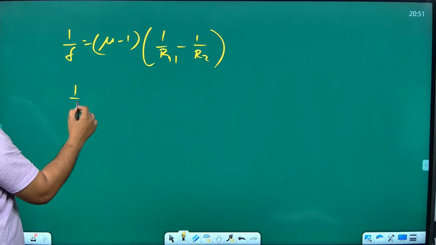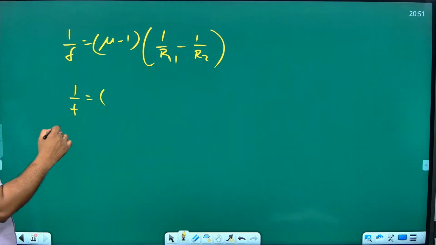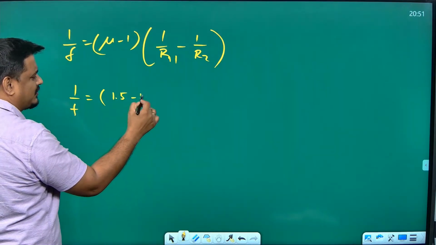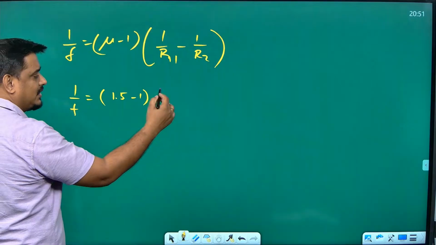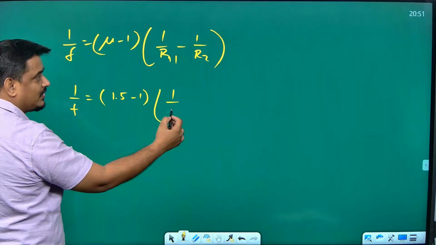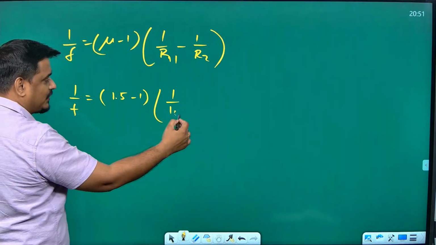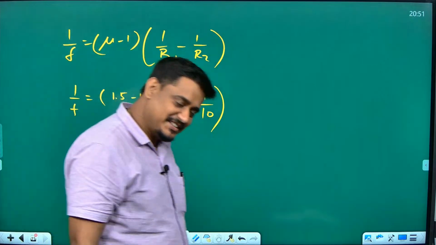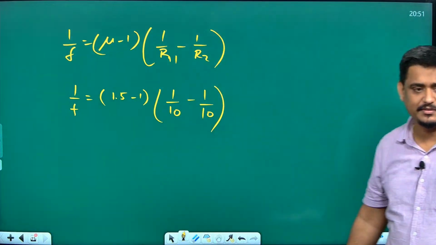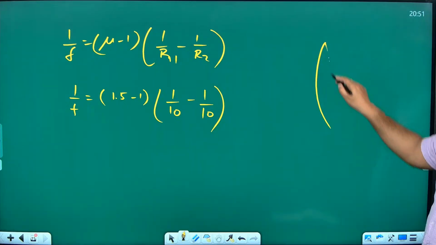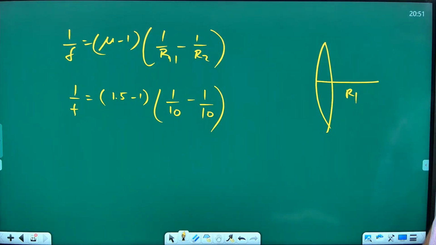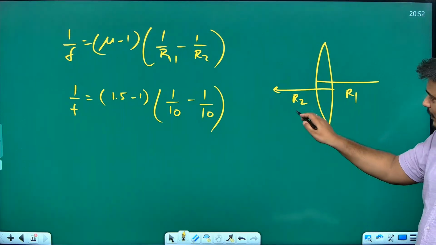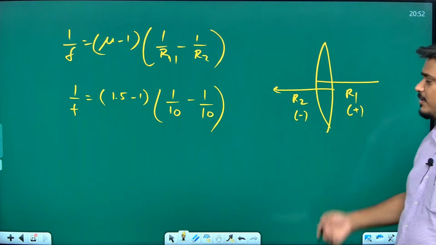So, you are taking 1 by f is equal to, what is mu given? 3/2, 1.5 minus 1. Because 1 by 10 minus 1 by 10 will become 0, isn't it? R1 will be positive, R2 will be negative. So, R2 will become negative, R1 will become positive.